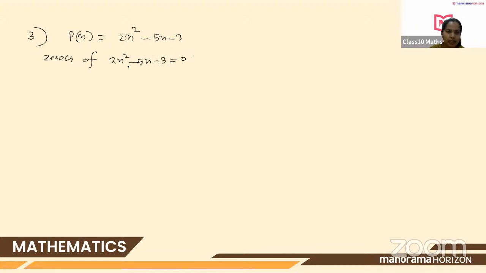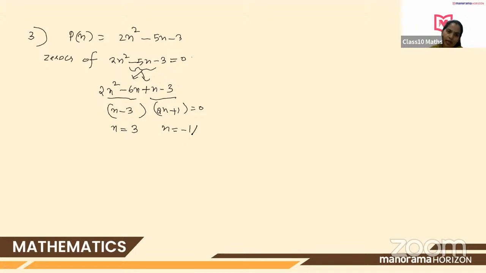Then splitting the middle term, we get the values minus 6x plus x, 2x square, and combining, we get x minus 3 into 2x plus 1 is equal to 0. And the zeros are x is equal to 3 and x is equal to minus 1 by 2. So x is equal to 3 and x is equal to minus 1 by 2 are the zeros.